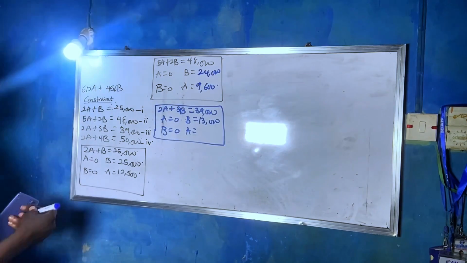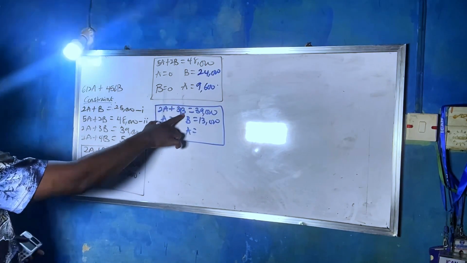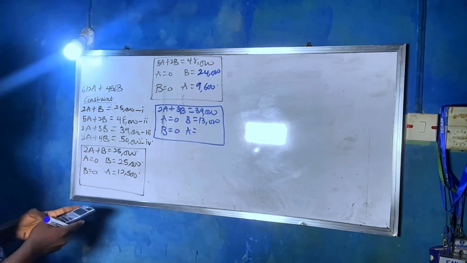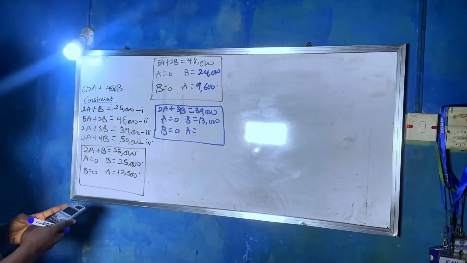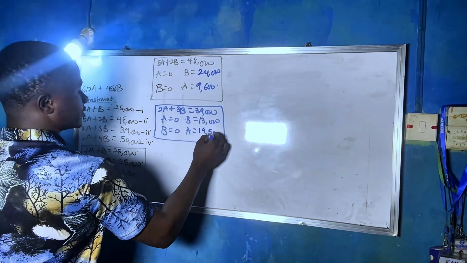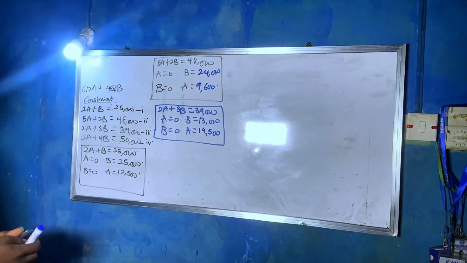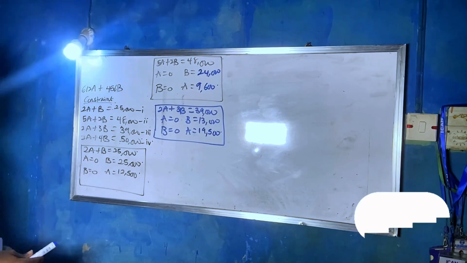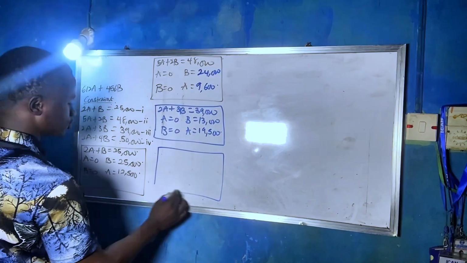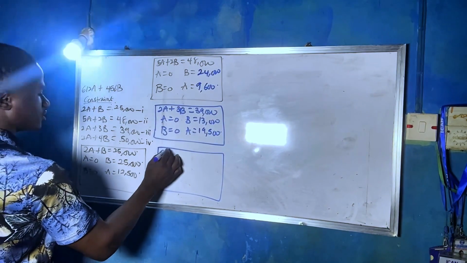And if B equals 0, because 3 times 0 is 0, 39,000 divided by 2 will give me the value of A, which is 19,500.